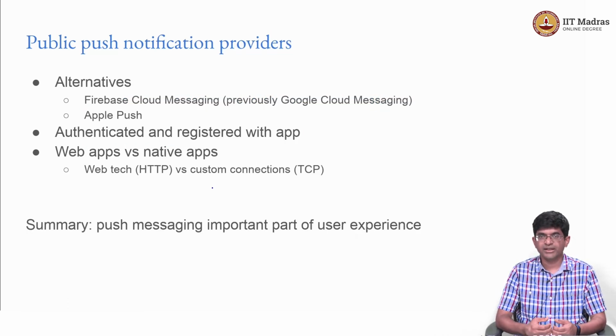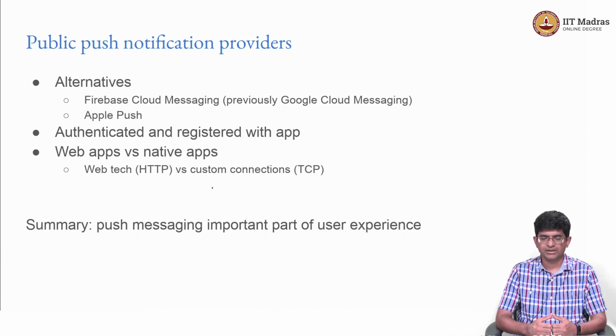Now finally, what we have talked about is web-based mechanisms. There are alternatives that use public push notification providers. You might have heard the terms Firebase Cloud Messaging, FCM, previously Google Cloud Messaging. Similarly, Apple provides their own push notification services. These are more tightly coupled either with a web application or even with the operating system, in the case of Apple, which allows you to directly push notifications to applications.